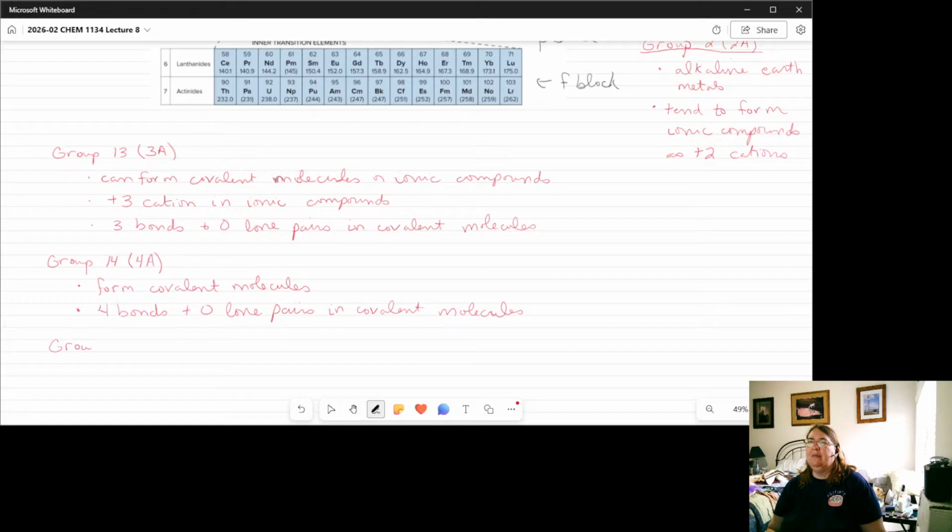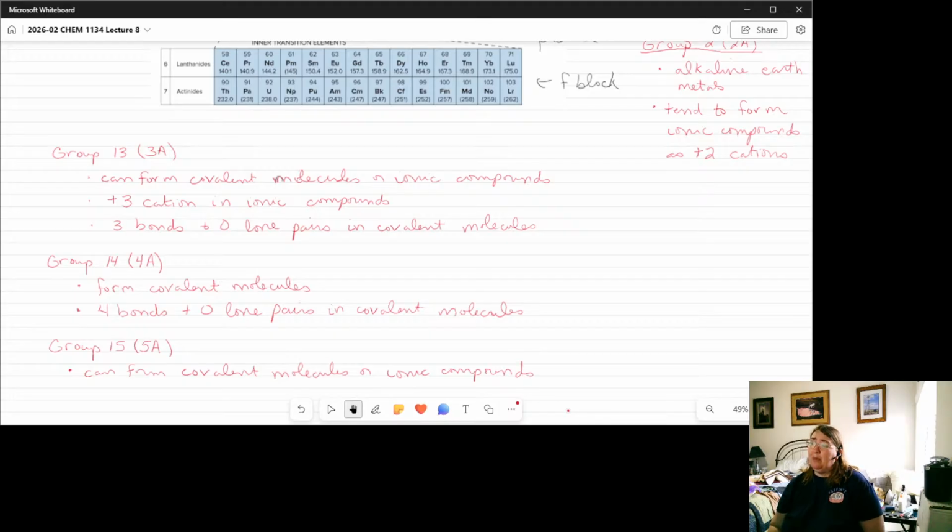Group 15, or 5A, that's the one that has nitrogen in it. Now we're going to swap over. The nitrogen group can form covalent molecules, and it's more prevalent in covalent molecules, but it can occasionally form ionic compounds as well.